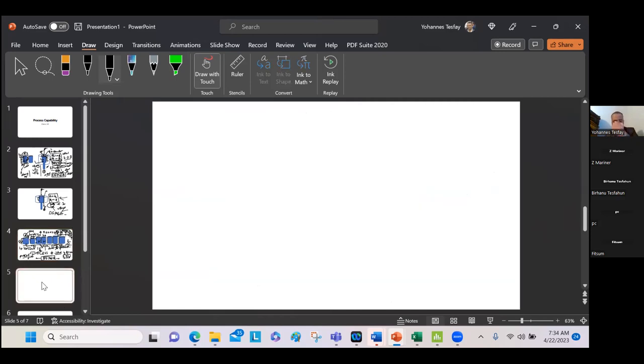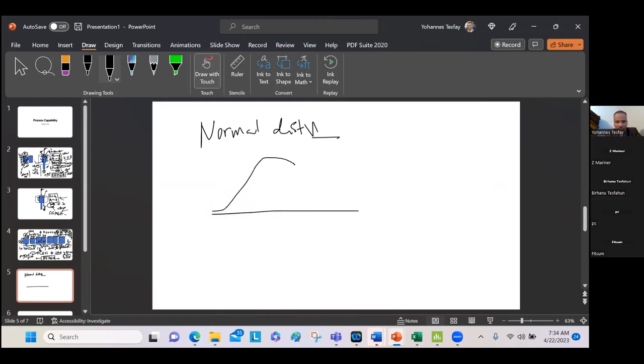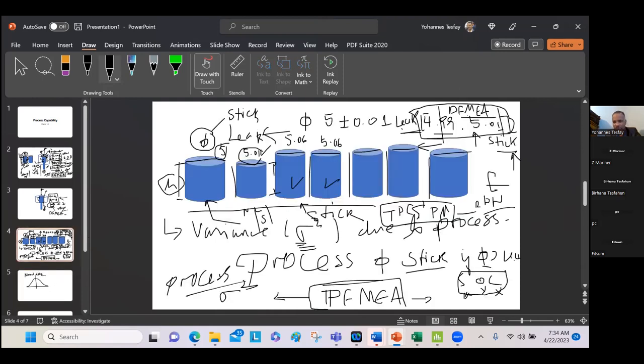So now let's go to what process variance means. Let's say consider a normal distribution. Now let's say we're talking about that diameter. So what is my mean? You see, in this scenario, what was my mean?